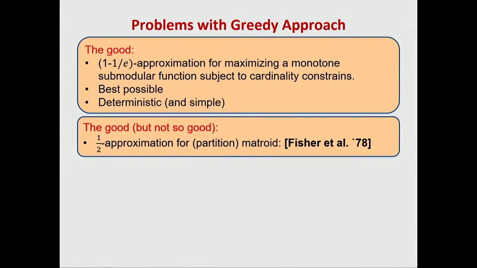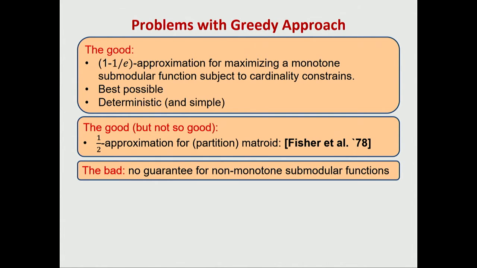The less good news, but still good, is that for a partition matroid, if I give you just to choose one main course and one dessert and one glass of wine, this is only a half approximation. It is not the best possible. We will see later a better algorithm, but it is still good. The really bad news is that it has no guarantee if the function is non-monotone. So if dessert can hurt you, this has no guarantee.